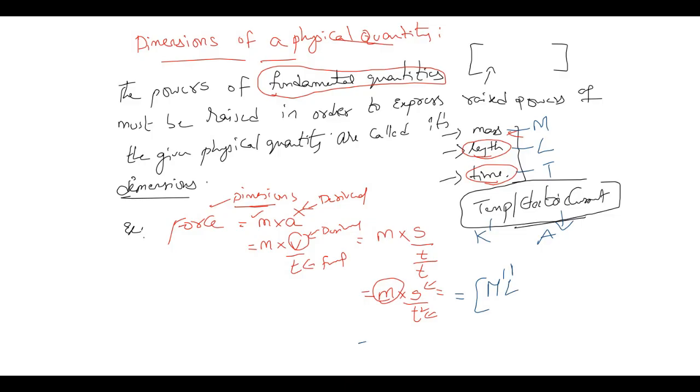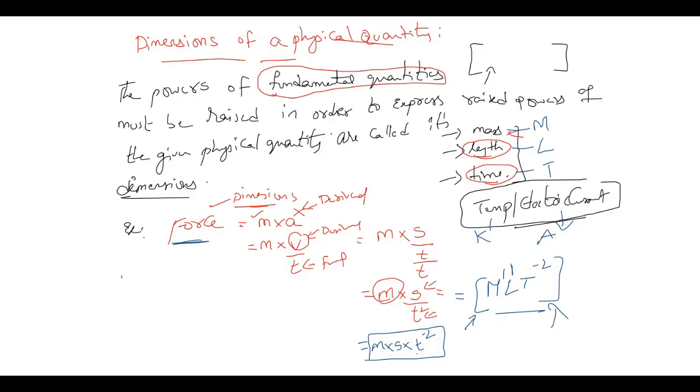Now here by T square, all should be in the numerator only, so we can write it as T power minus 2. So the dimensional formula for force is [M L T power minus 2]. We represent it in a closed bracket. Understood? This is how we can write dimensions for any physical quantity.